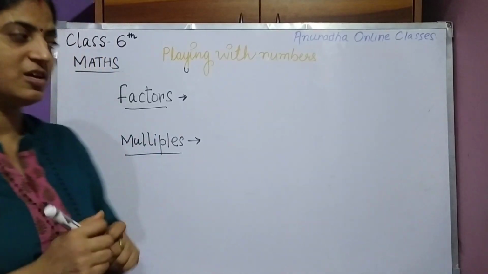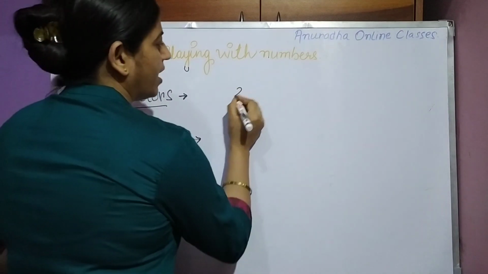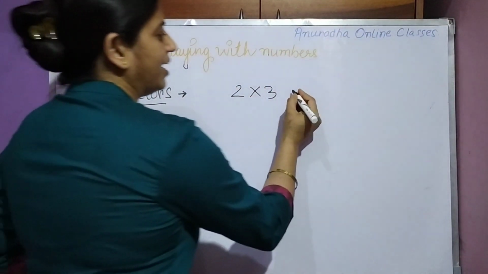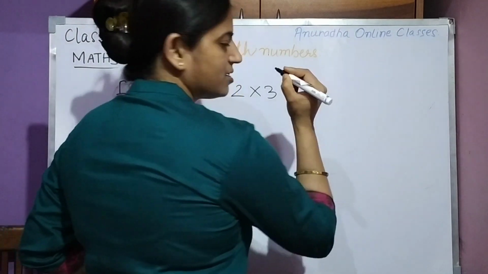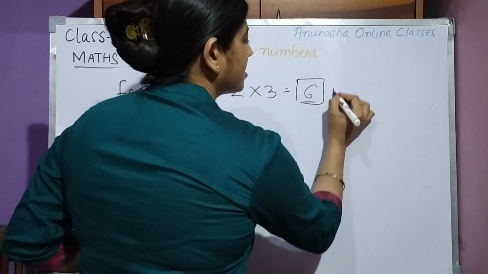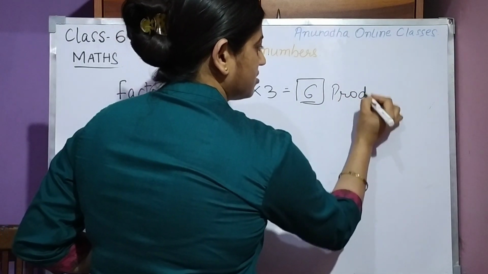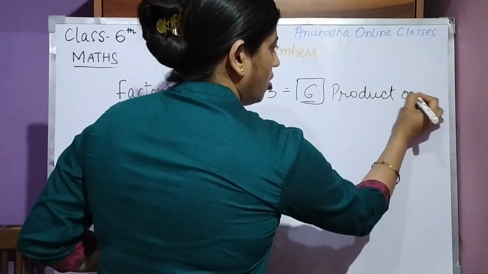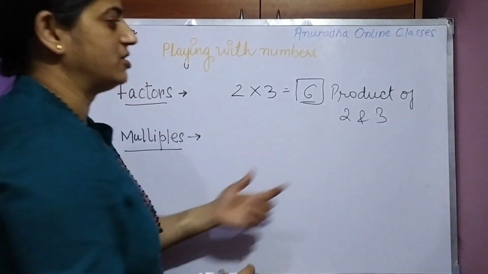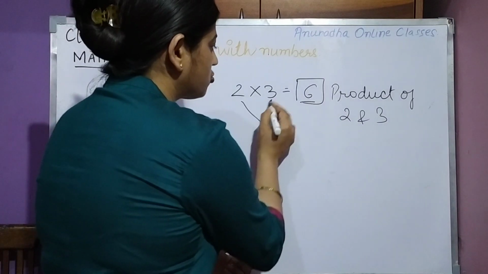What are factors? Now see, if I am multiplying 2 into 3, what I'll get? I'll get 6, right? तो 6 को हम क्या कहते हैं? 6 is known as product, the product of 2 and 3. And what do we call these two numbers?